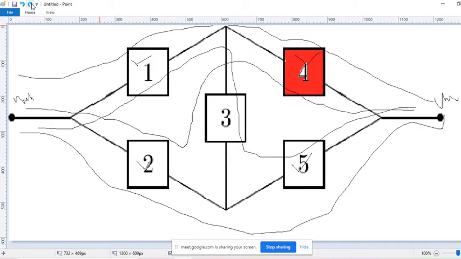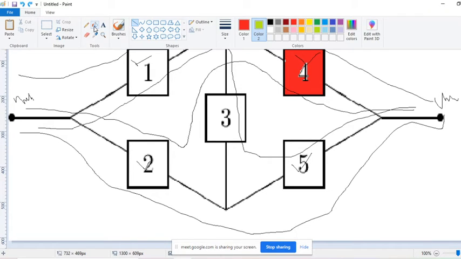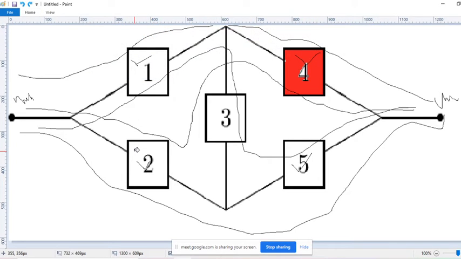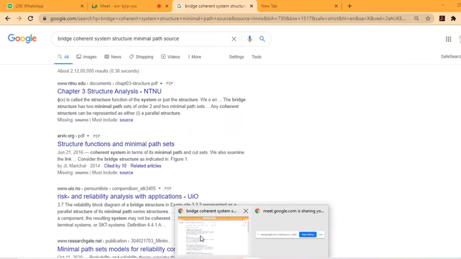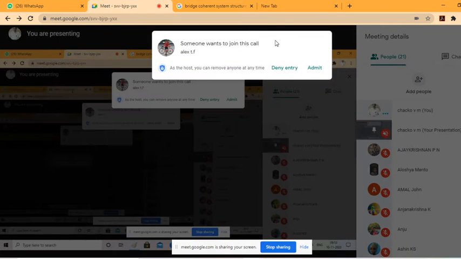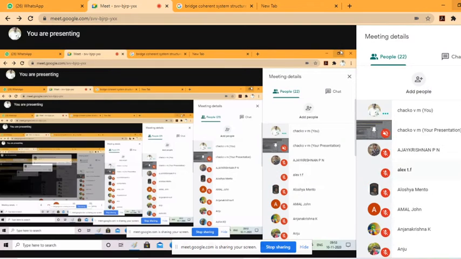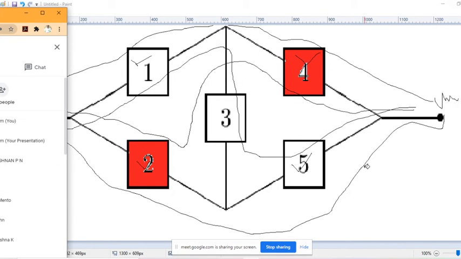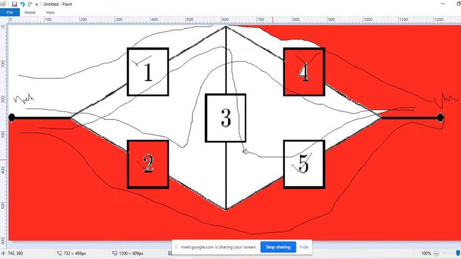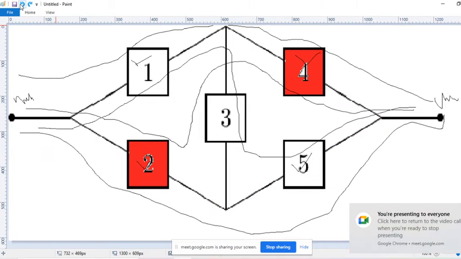At the same time, it is not minimal, because even though 2 is failed, the system is still working. The system is not in the failed condition. Okay, the system is still functioning. So 1, 2, 3, 5 is a path, but not a minimal path.